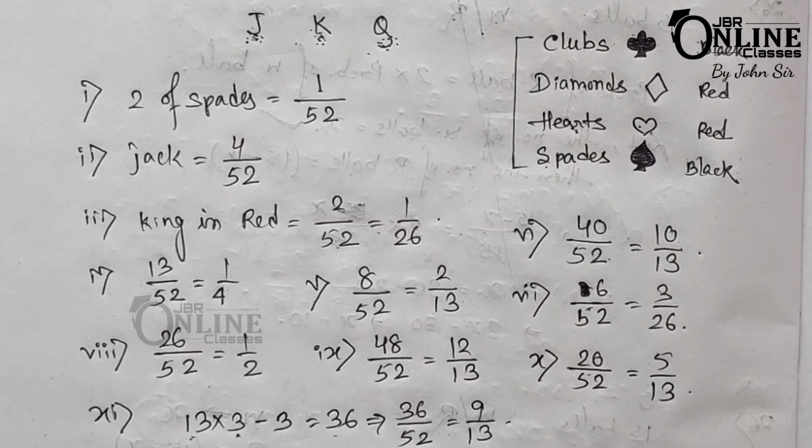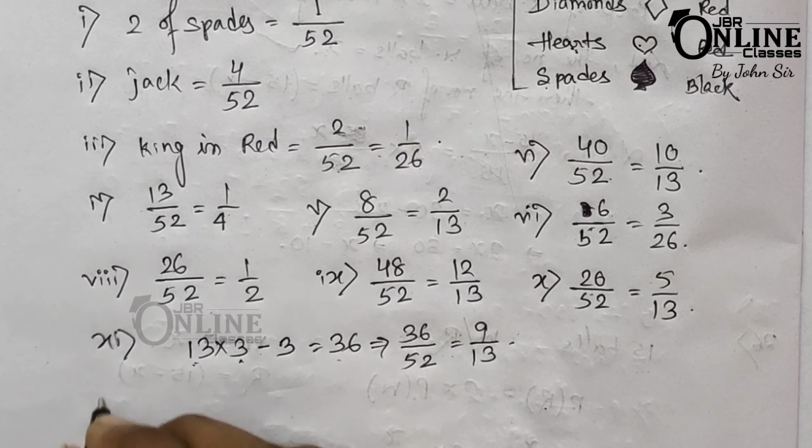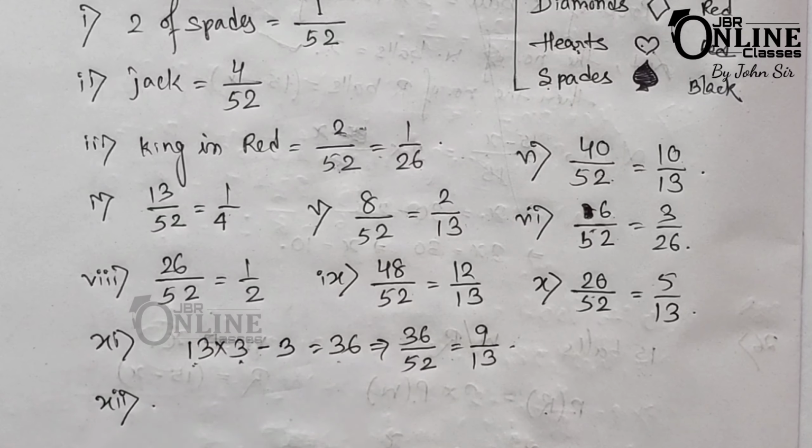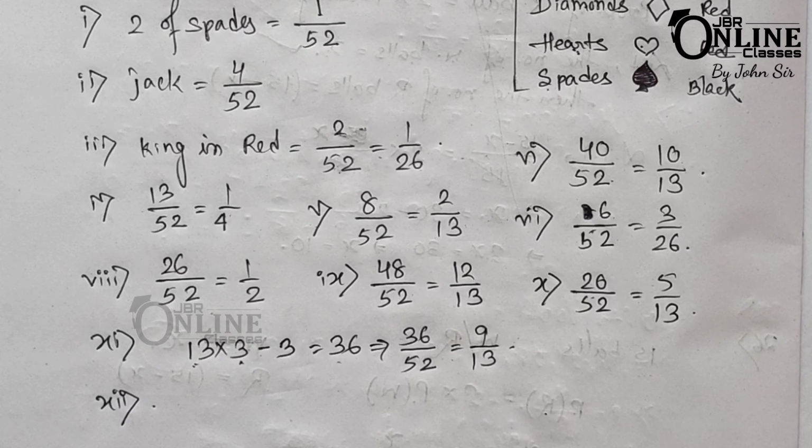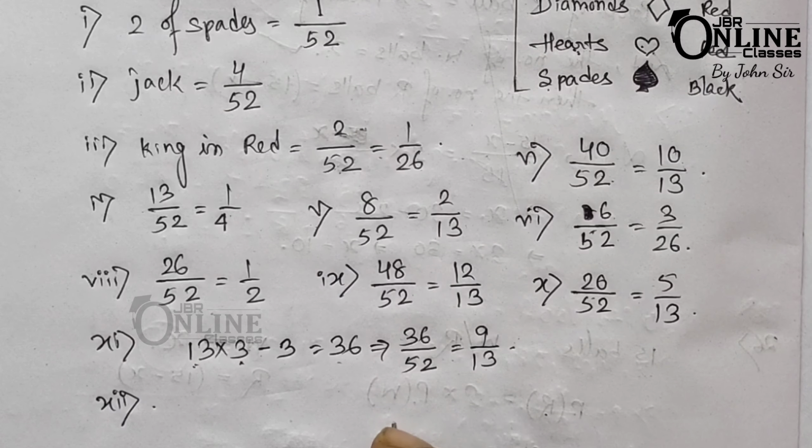Okay, now the last one, number 12. In number 12, you have to find out the probability of neither a heart nor a red king. So first you have to find out the total number of heart cards.